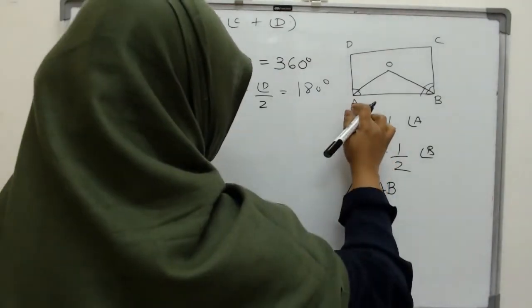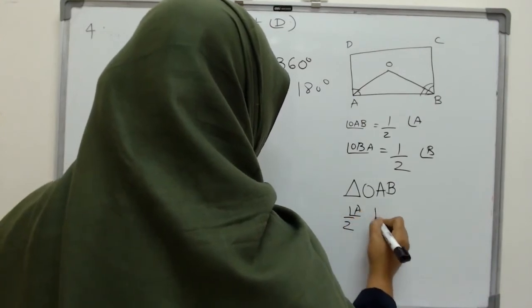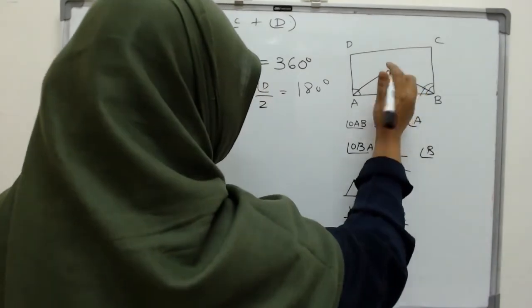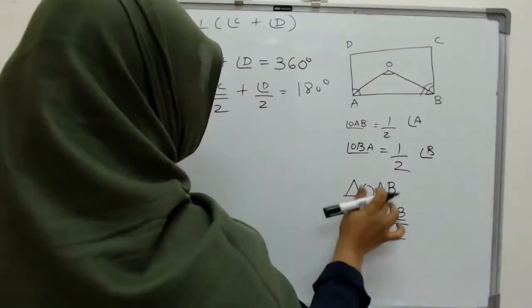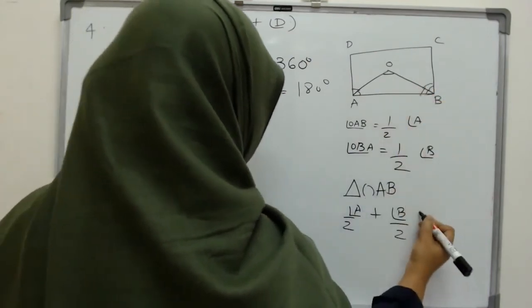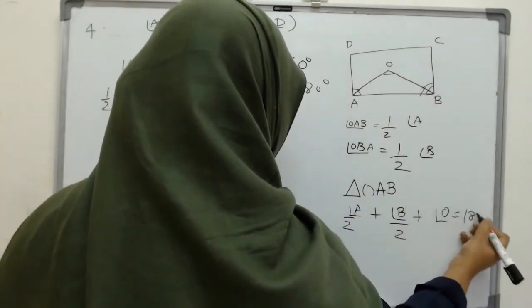So therefore half of angle A plus half of angle B plus this third angle. If you consider triangle OAB, half of angle A, half of angle B plus angle O should give you 180 degrees.